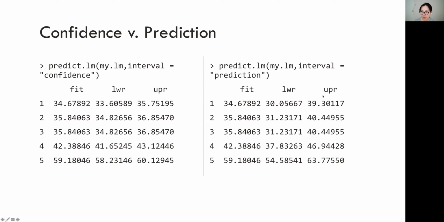So again, the lower bound and upper bound. If you do the comparison between these two, confidence interval and prediction interval, you see this one is narrower, right? Because 33 is greater than 30, and this 39 is greater than 35. So this bound is definitely wider compared to this one. And if you go through all the following, it has the same pattern.